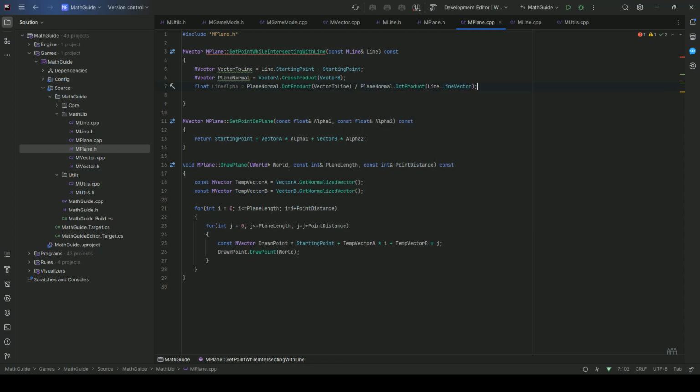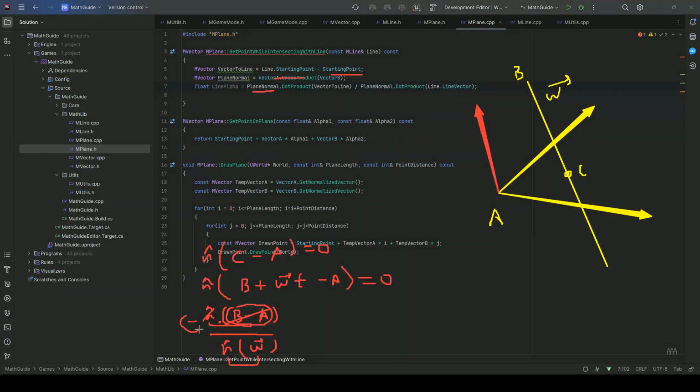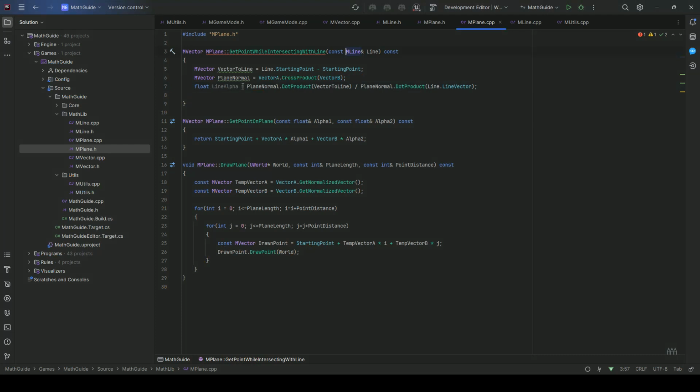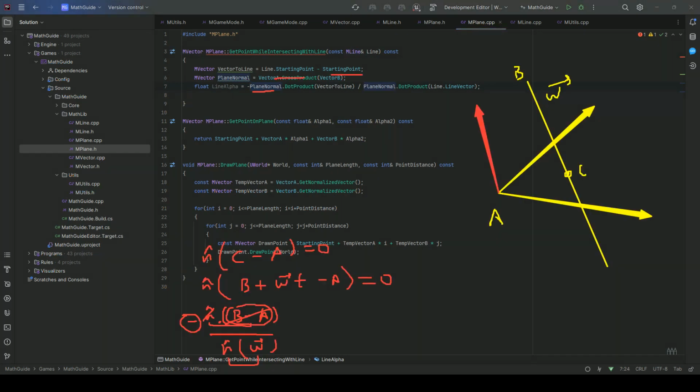Makes sense. And there's one more thing actually. We have to multiply it with a minus sign because we were changing the position from left to right. So let's do that. So we will just multiply, just put -1 and it will do the task. So this is the alpha. Now we need to get the point, right? Because when we were writing this c, c was equal to b plus wt, right? So now we have t. Now we can easily calculate c.